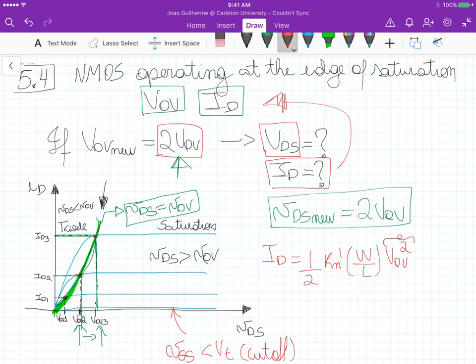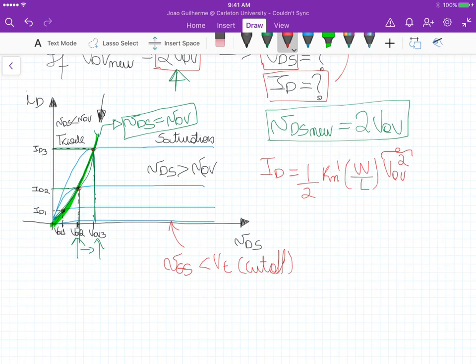So this basically means that the drain current is proportional to VOV squared. Okay, so the square of the overdrive voltage.